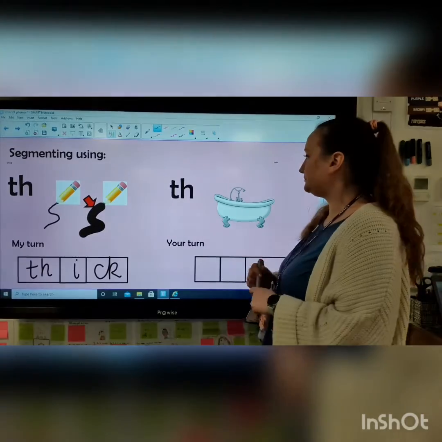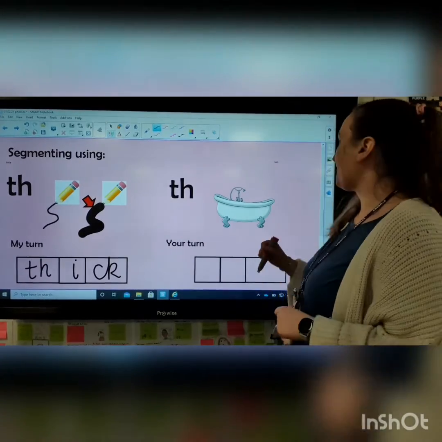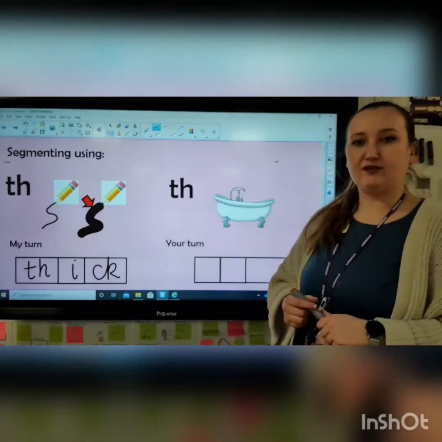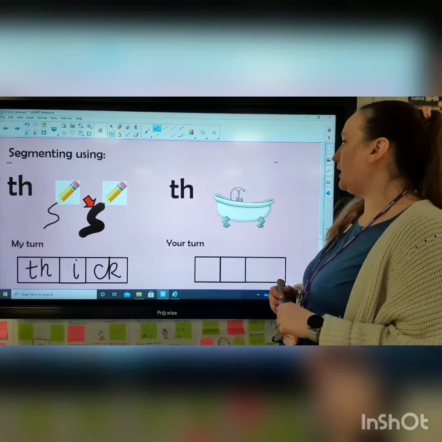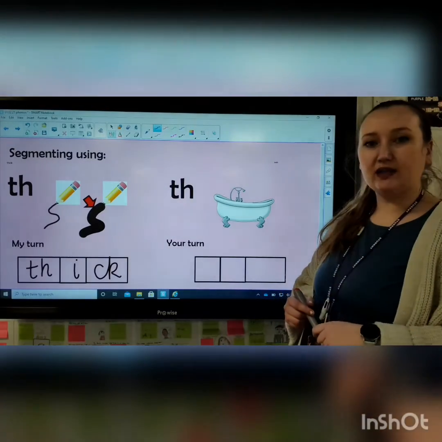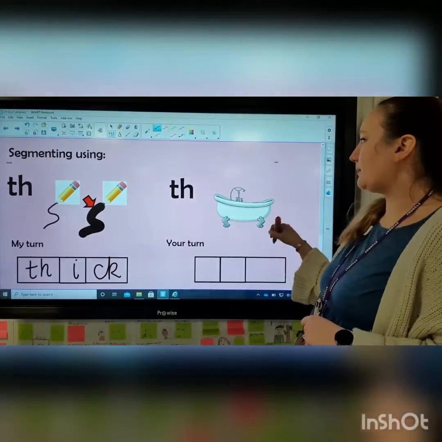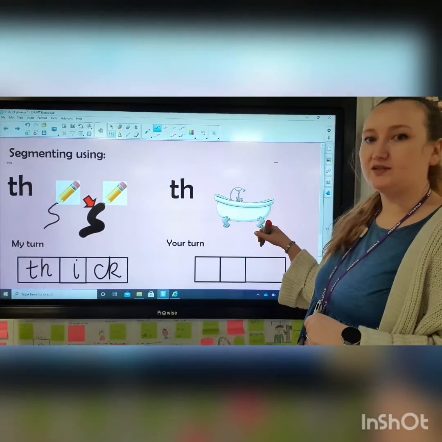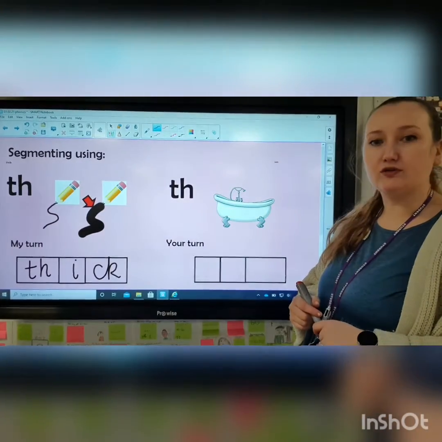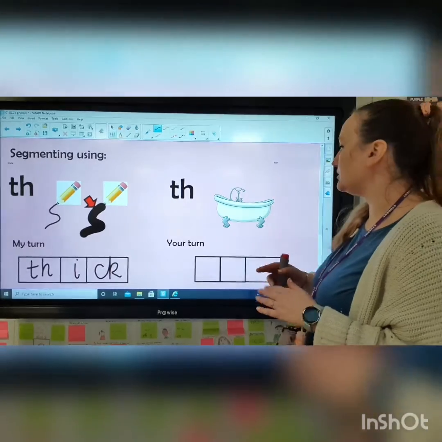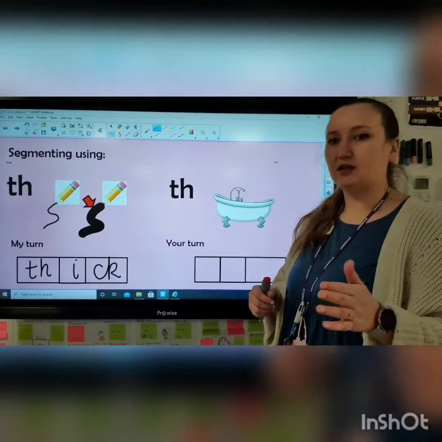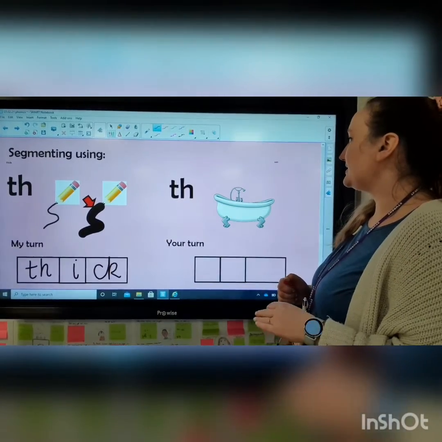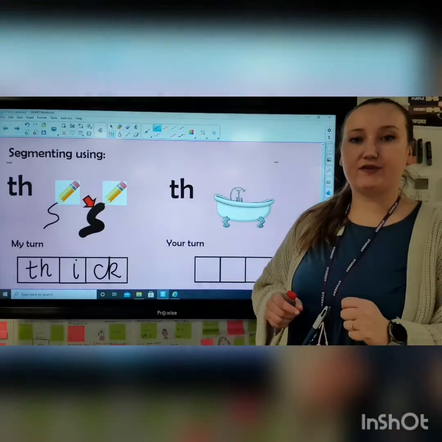So now it's your turn. Okay. So what do we have here? It's a bath. Because where we live in Nottingham, we can segment this word bath. But if you lived in London, or if you knew somebody that lives in London, it might be a bit more difficult to segment this word. But being from Nottingham, we can segment it. So bath.